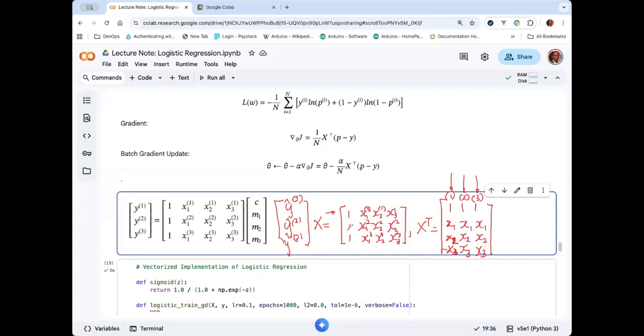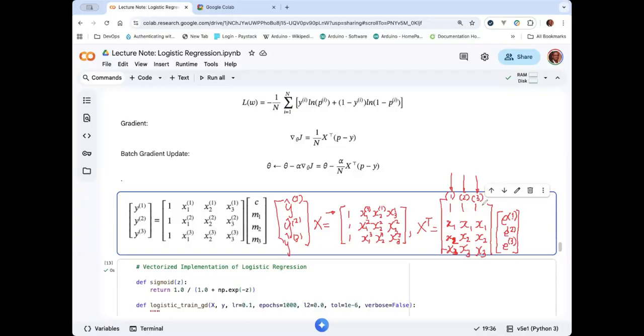So you transpose that, then when you now multiply Y minus Y pred, which is the residual, the raw residual, let's just call it error, right? So you have the error for the first data point, the error for the second data point, and then the error for the third data point.